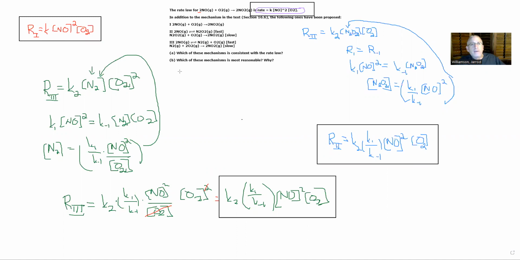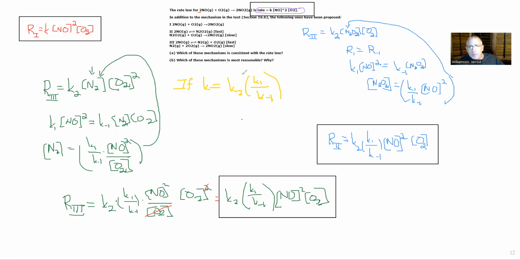In the sense that they're all consistent if K is numerically equal to K2 times K1 over K backwards 1.